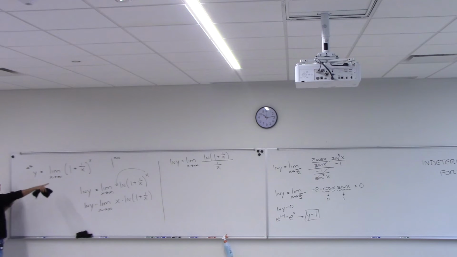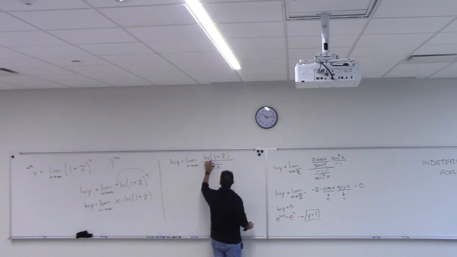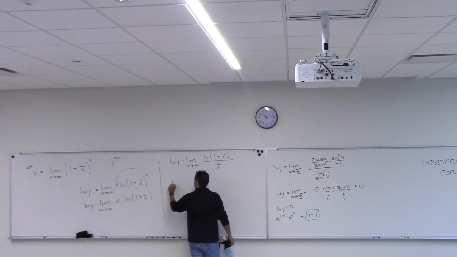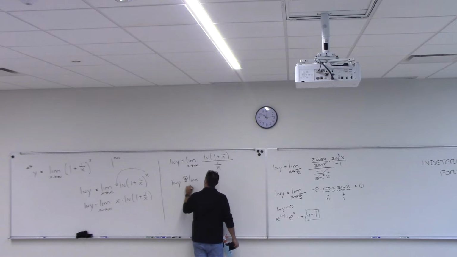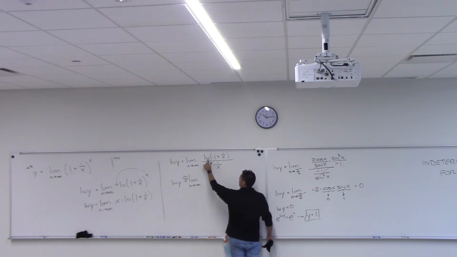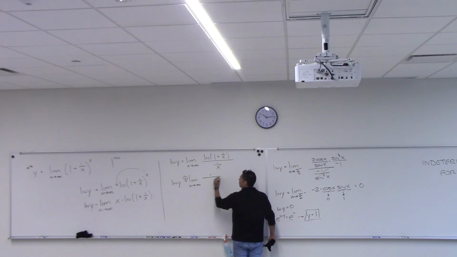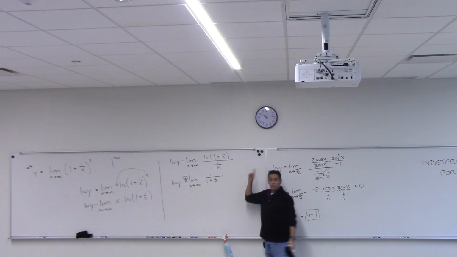Okay, now over here. I dropped it, L'Hopital, right? Okay, take the derivative on top, take the derivative on the bottom. All right, so the top's a little ugly, but it's not that bad. The derivative of natural log of anything is just 1 over that, right? So 1 over 1 plus 1 over x times the derivative of what was inside.